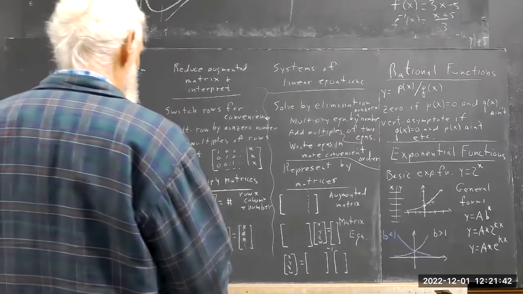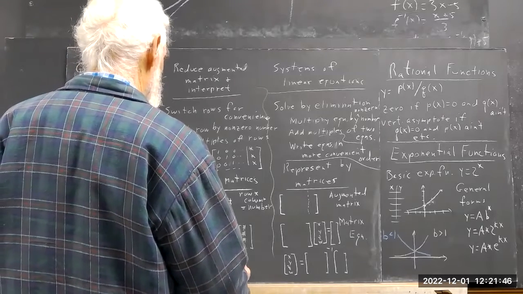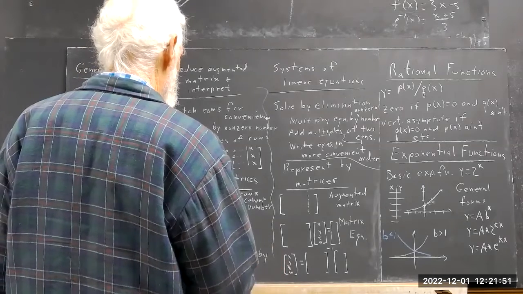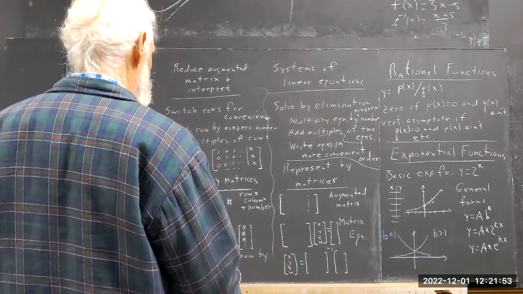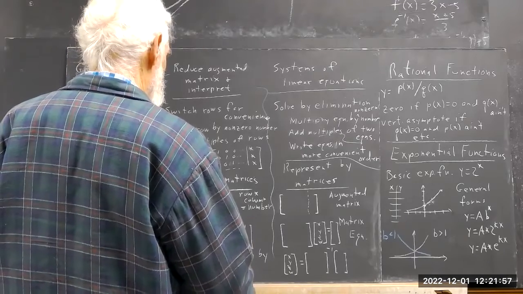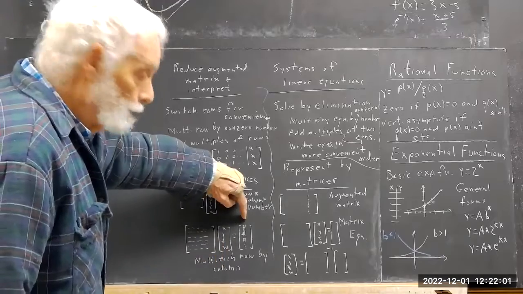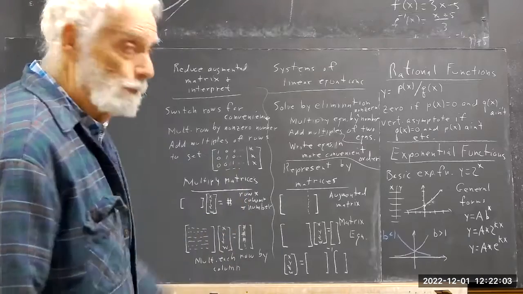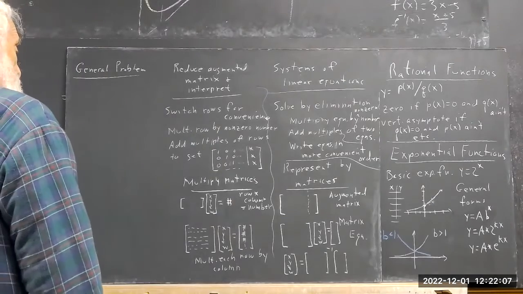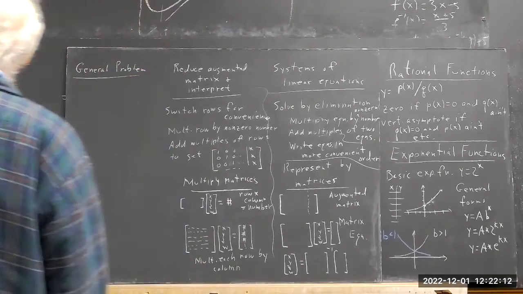You multiply each row by the column. Each row by this column gives you a number. You get a number for each column. And I should write that out, but I didn't make myself room.